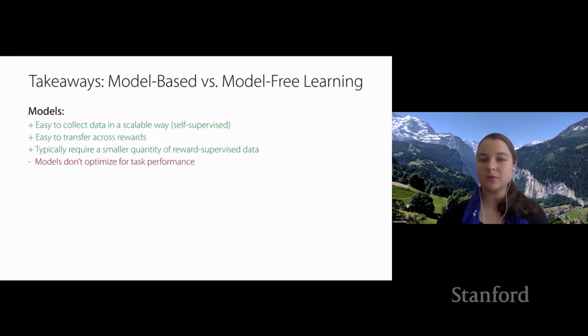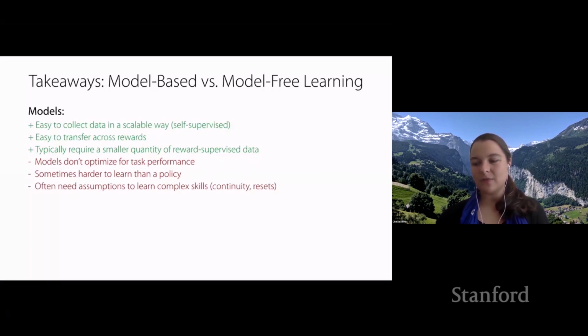The downside is that models don't optimize directly for task performance, and so there's a bit of a mismatch between the objective, and sometimes the models may miss quantities that are important for the task. And sometimes the model is harder to learn than the policy. For example, training a video prediction model may be more difficult than just predicting what the correct action is.